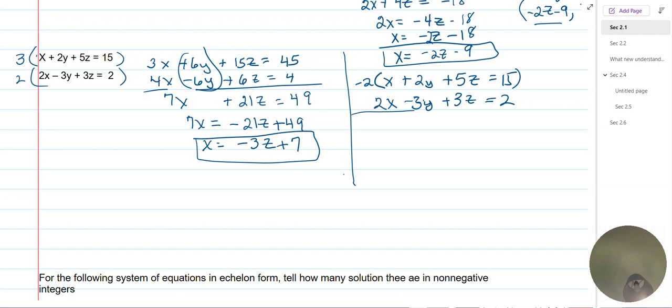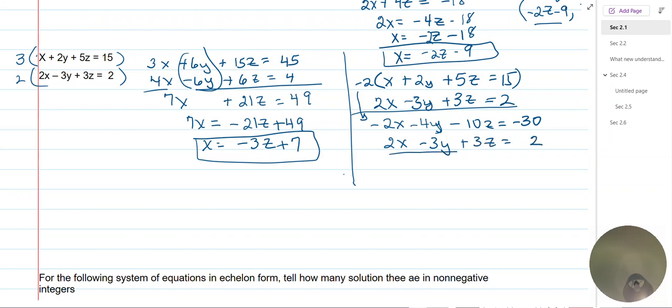Okay, and I'm going to do the distributive property. Negative 2x, a negative 4y, a negative 10z equals a negative 30. And the positive 2x, the minus 3y, plus the 3z equal to positive 2.